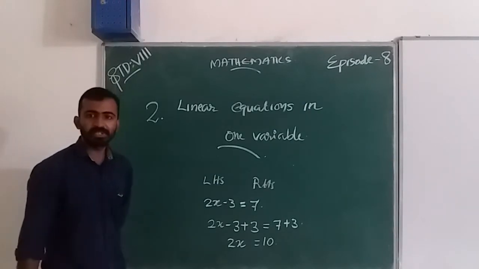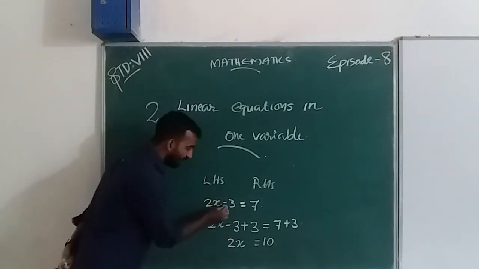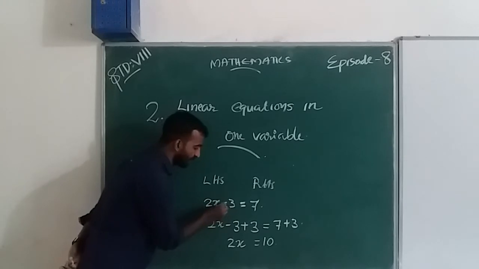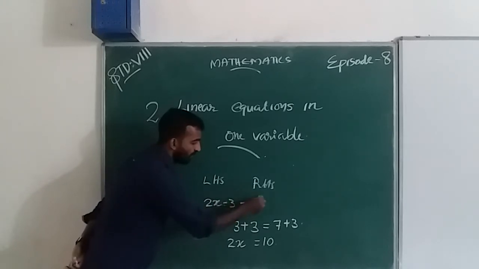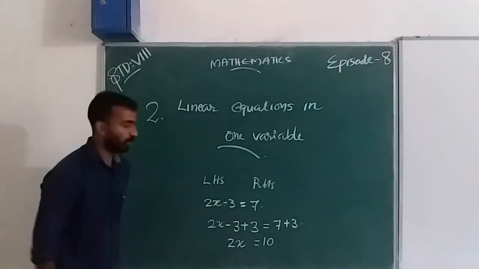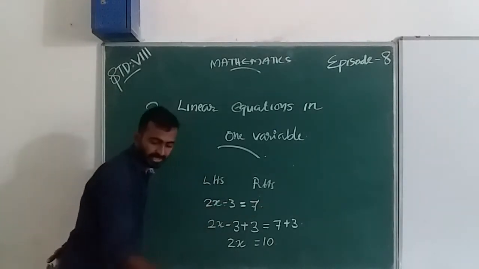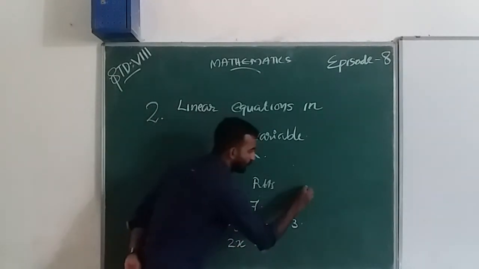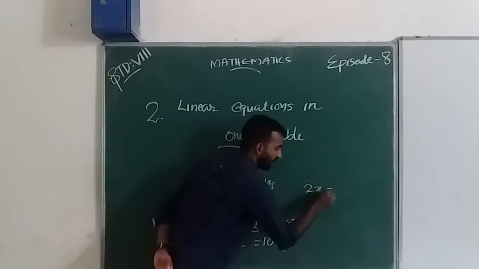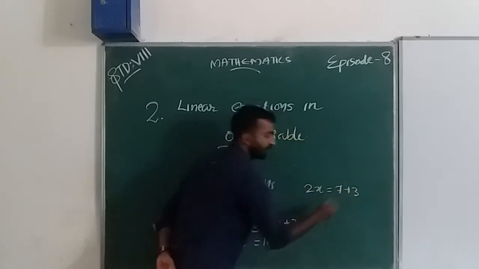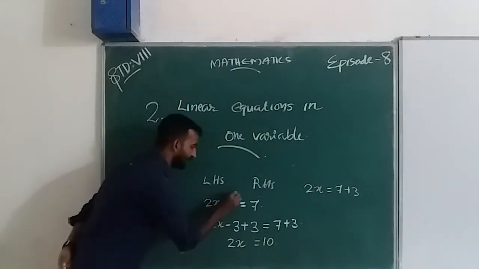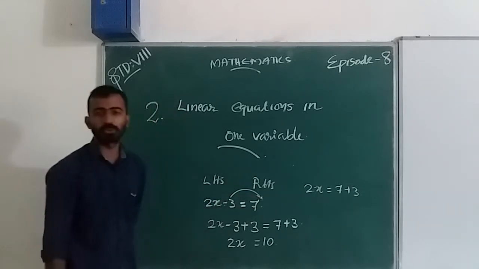In another way, we can think that negative 3 is transferred to the right side. Then we write 2x equal to 7 plus 3. That is, minus 3 is going to the right side.